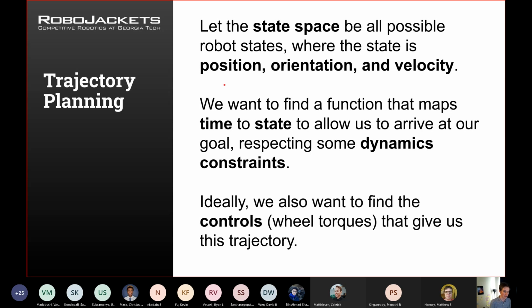We want to find a function that maps time to state, where we should be and how fast we should be moving as a function of time. Ideally, we also want to find the controls, which in robotics are often like torques on the joint, how much torque you're applying to your wheel to make it accelerate. We want to find the controls that are able to give us this trajectory, right?